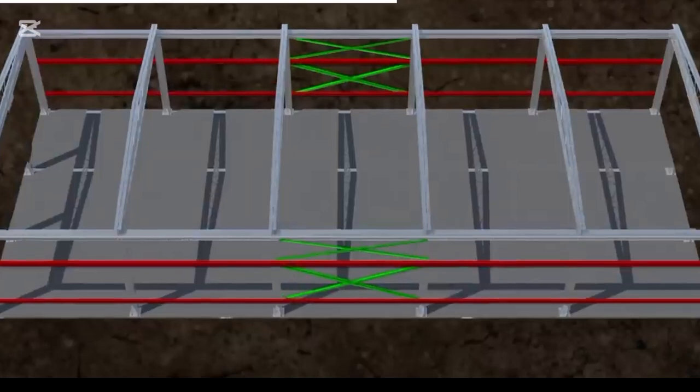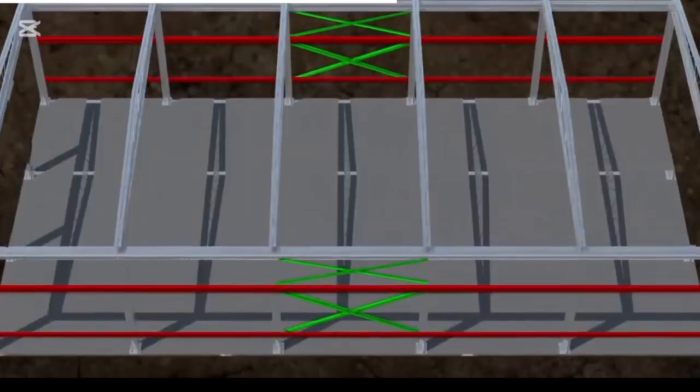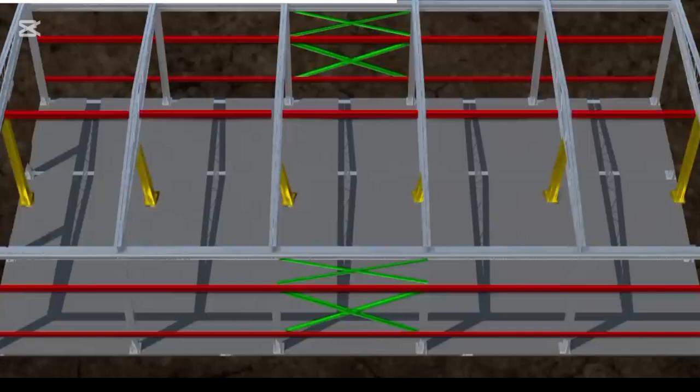However, if we increase the width of the building so that it's not possible for the facade to span across, the situation will be different. In this case, it will be necessary to install another line of columns down the center of the building with tie beams between them. Now, to transfer lateral loads from the central columns and tie beams to the vertical bracing in the wall, cross bracing needs to be installed horizontally in the roof.